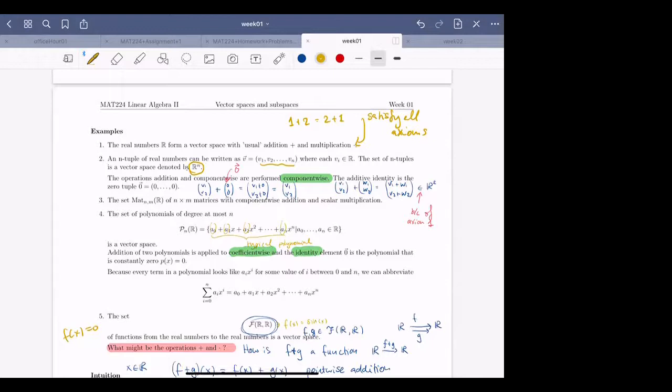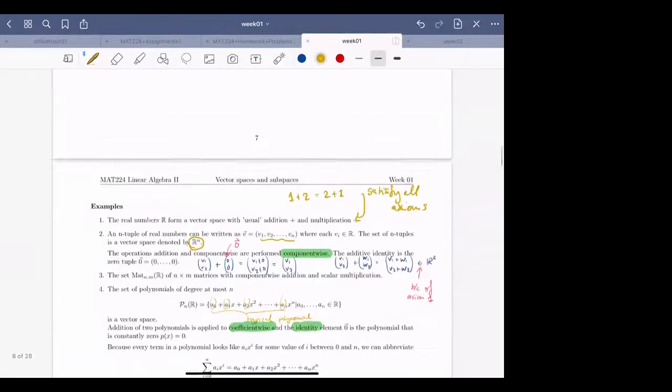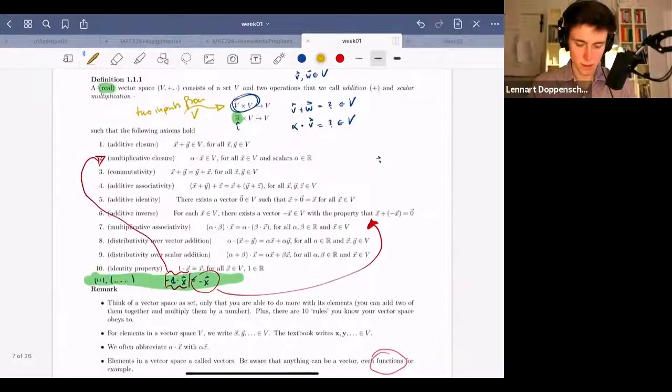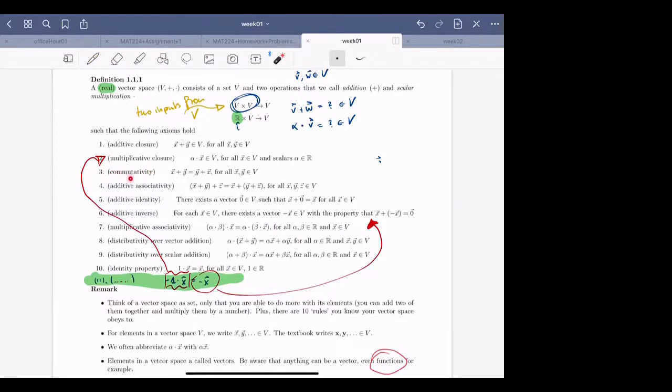I mean the axioms you have used, like commutative, like that one. Yeah, I'm confused about the relationship between these axioms and what we need to prove when we need to prove something is a subspace or a space.